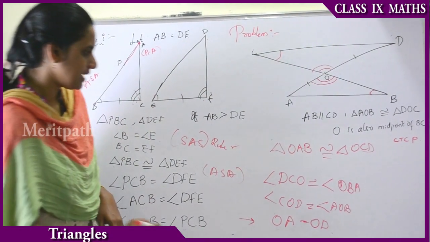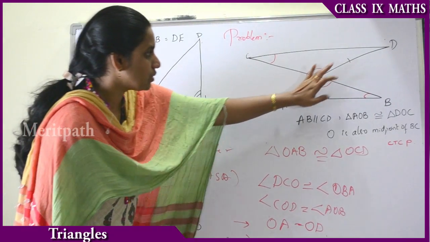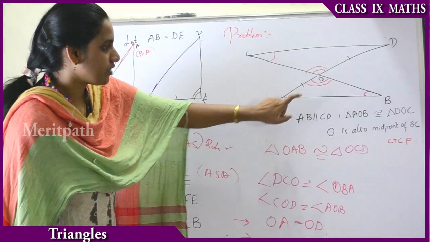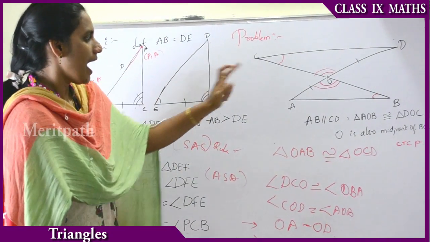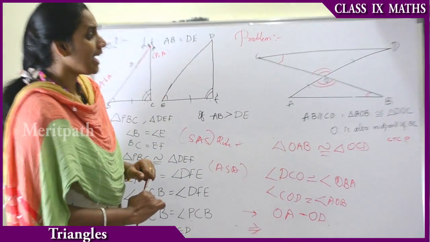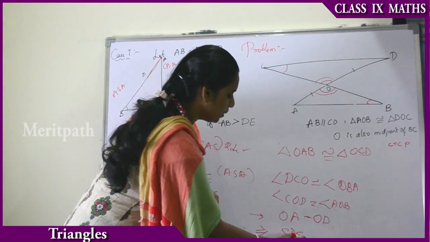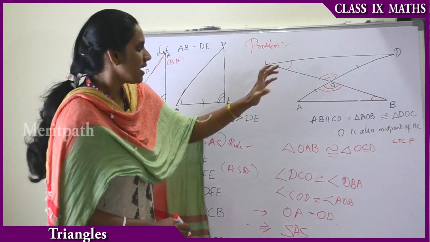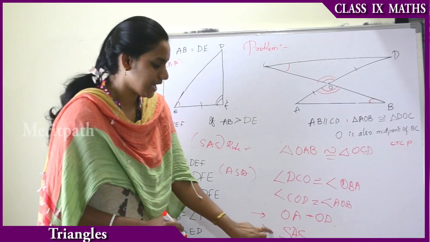And now we will see that when OA equals OD, that means the two sides, OA of the first triangle and OD of the second triangle, are equal, and angle C and angle B are equal. Therefore, we can conclude by using the SAS rule that OC will be equal to OB, because the angle included between the two sides is equal according to the side angle side rule.